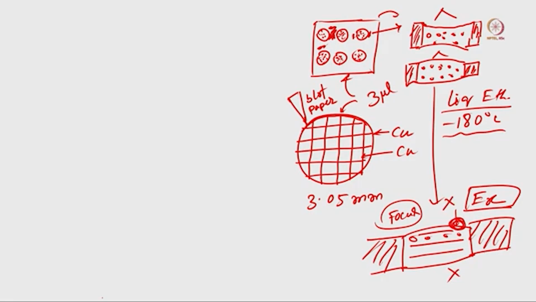What we have to do is shift the electron beam to a different position, where we will focus in the carbon area, where we do not have too much amorphous ice. We can easily focus here and then come back and collect data in the ice area. So whenever we collect data in this area, it is not exposed before we collect data.